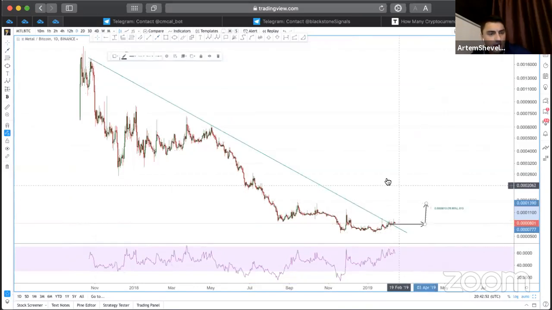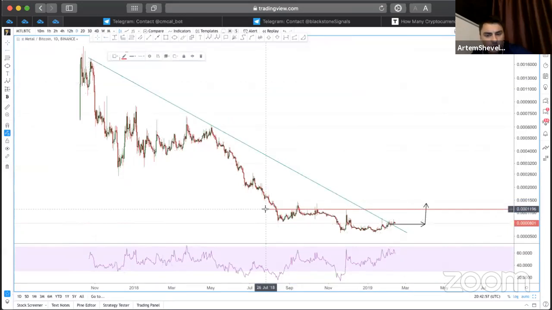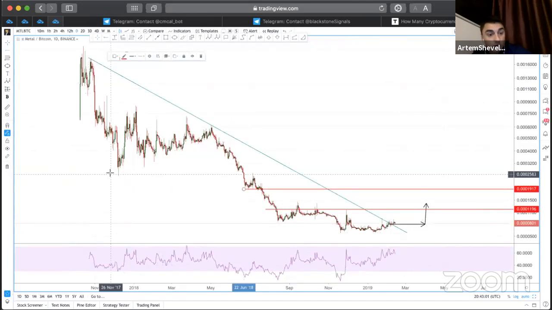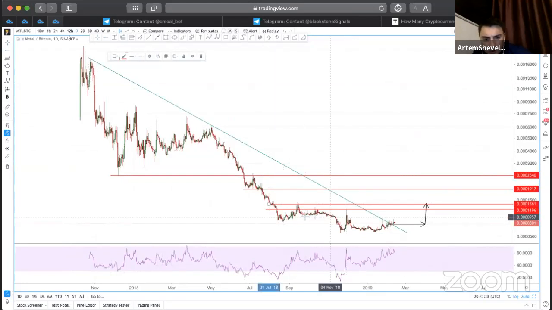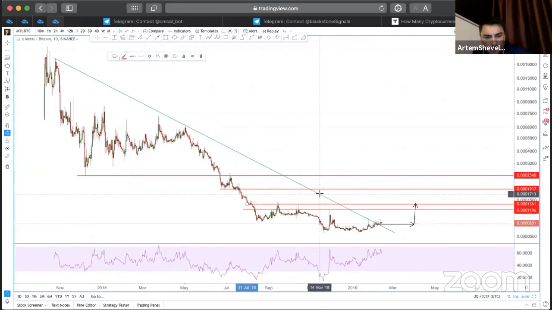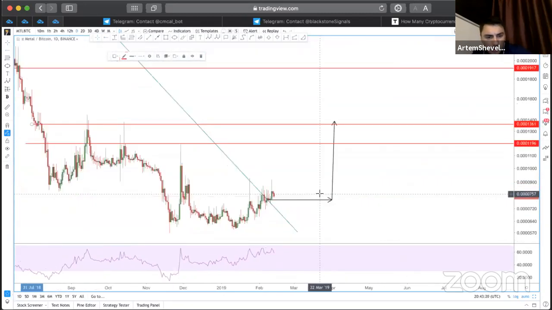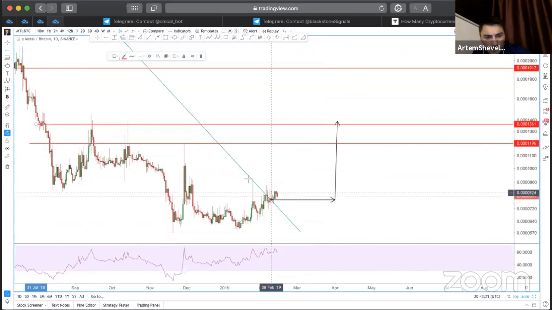Let's find some levels. First level 1,100, second one 2,000, and third one 250, and something between, I think 1,300 is also good. Let's zoom in right here.